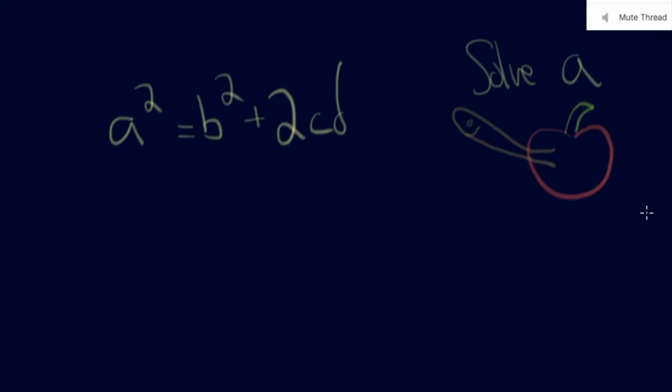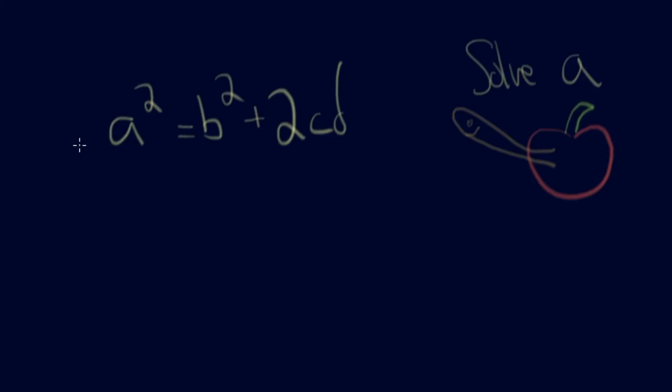So, what's going to happen now? Let's start doing some algebra. So I want to get a all by itself. Well, all of a sudden, this is a squared. So a couple things is, how do I get rid of something that's squared? This would be pretty easy, actually.